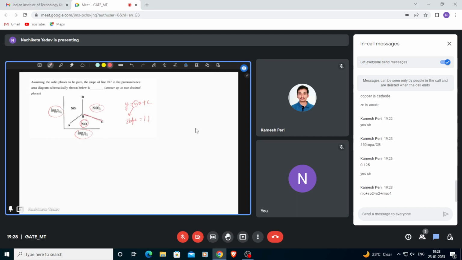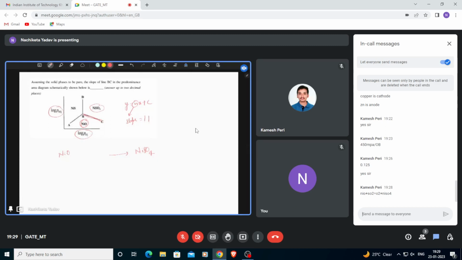See, it is asking for BC only, right? So one side we can write NiO, other side we can write NiSO4, and just balance by adding O2 and SO2. NiO plus SO2 equal to O2 plus NiSO4.